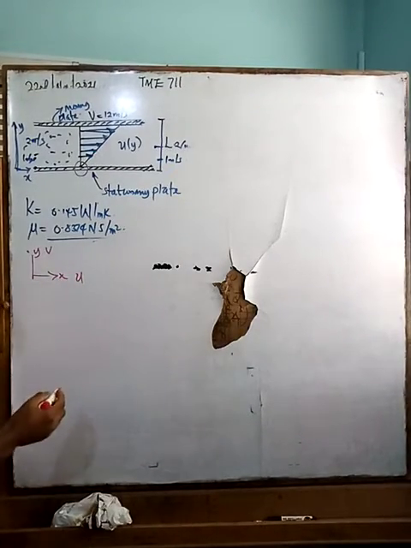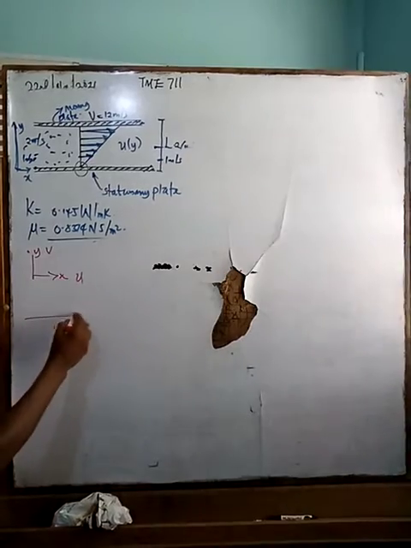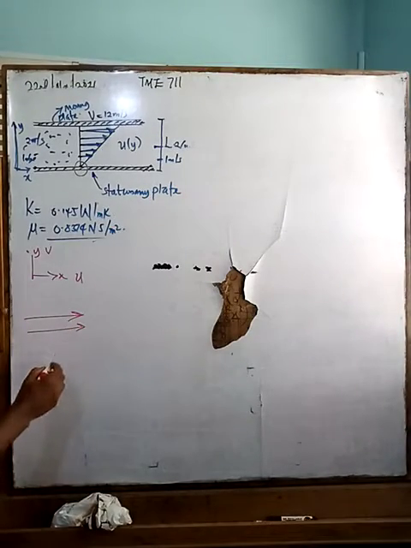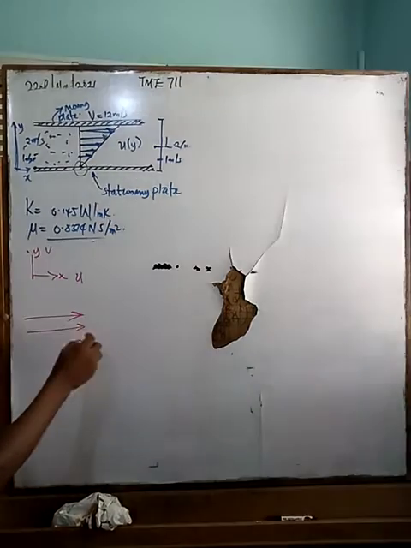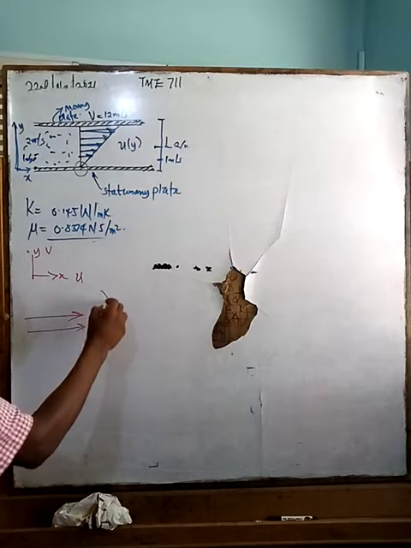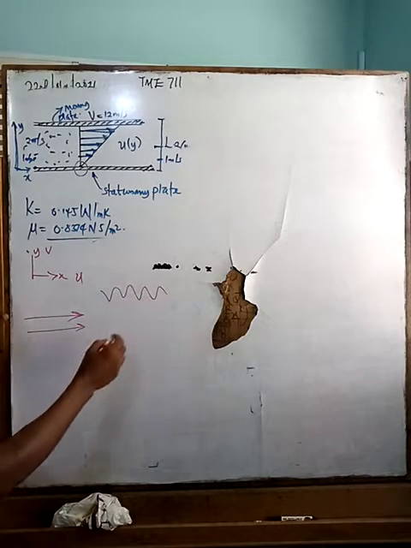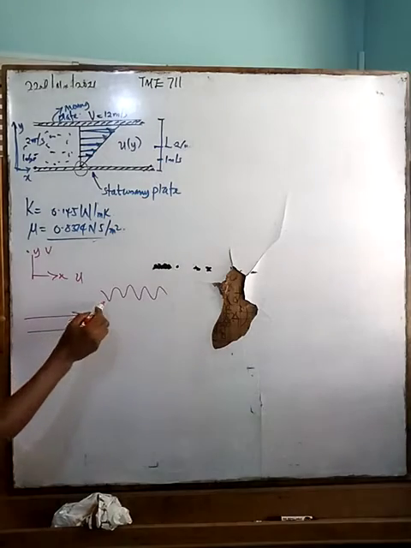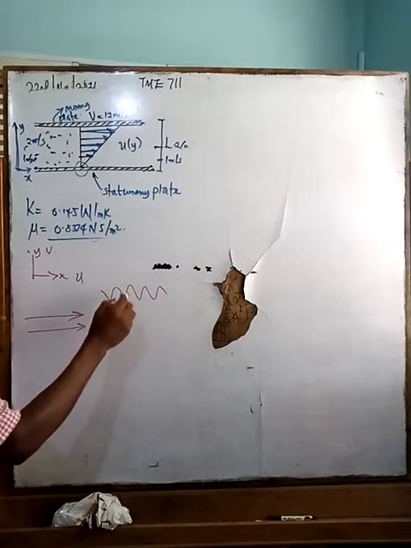Since this flow is a laminar flow like this, it's not like this. This is a turbulent flow. Looking at this flow, we have velocity on both the x-axis and y-axis.